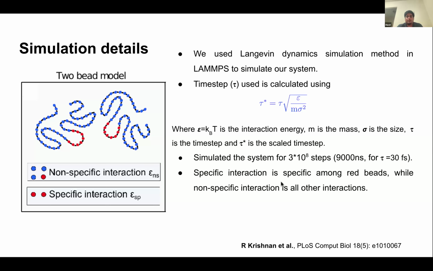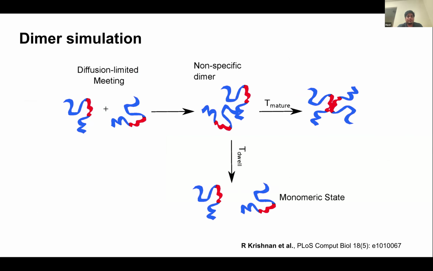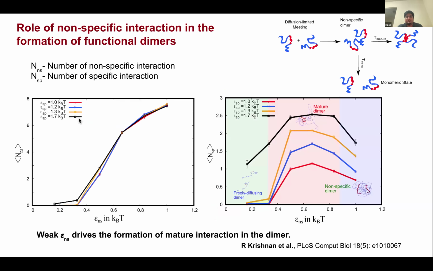So we simulated a dimer of two alpha-synuclein chains, and we tend to see how these dimers meet and form this non-specific dimer, and whether they mature to form a specific dimer or dwell away and go away. For this we varied specific and non-specific interaction.